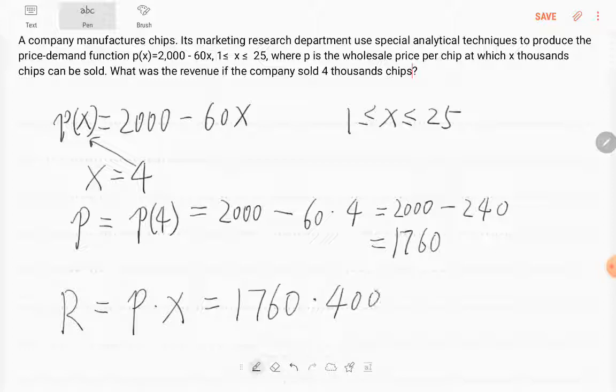So we cannot type times 4, we need 4,000, so 4 with 3 zeros. So the revenue is 7,040,000. So this is the revenue.